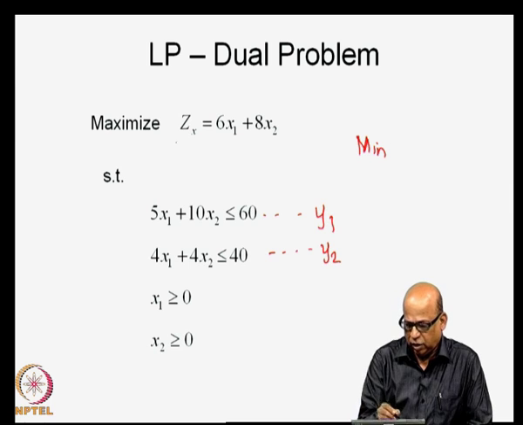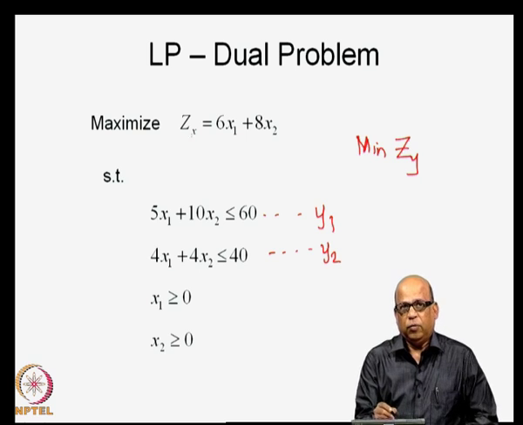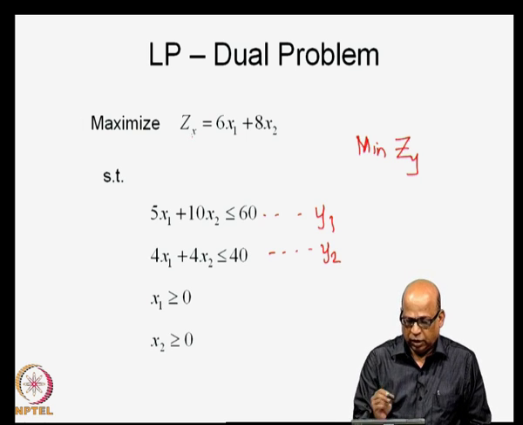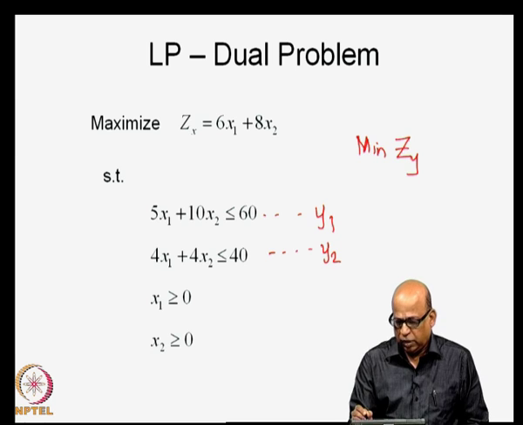So, the objective function I will write as minimization, in terms of the new variables y 1 and y 2. Here it was z x, indicating that we were writing the problem with respect to the variable x. Now I am writing the problem with respect to variable y.